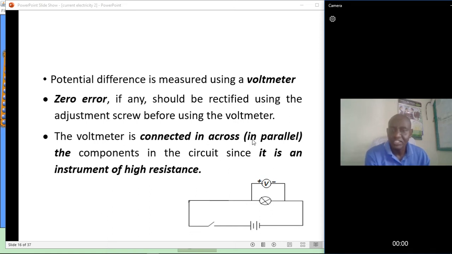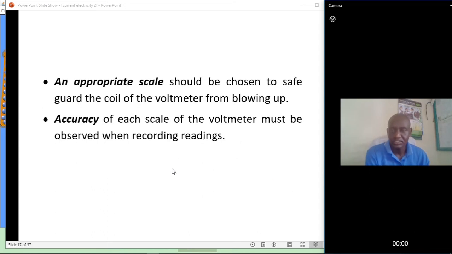The voltmeter is connected across, in parallel, because we want to know the potential difference between two points. It's connected in parallel because the instrument has very high resistance, and therefore charge does not move through it. It only gives us the difference of potential between the two points. The ammeter is connected in series because of its low resistance.